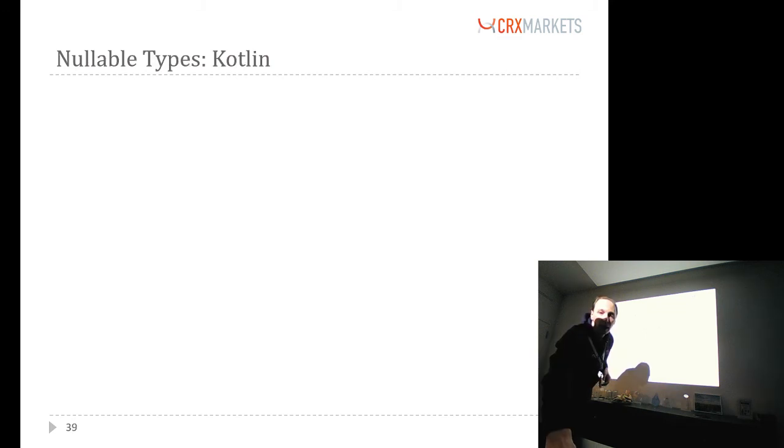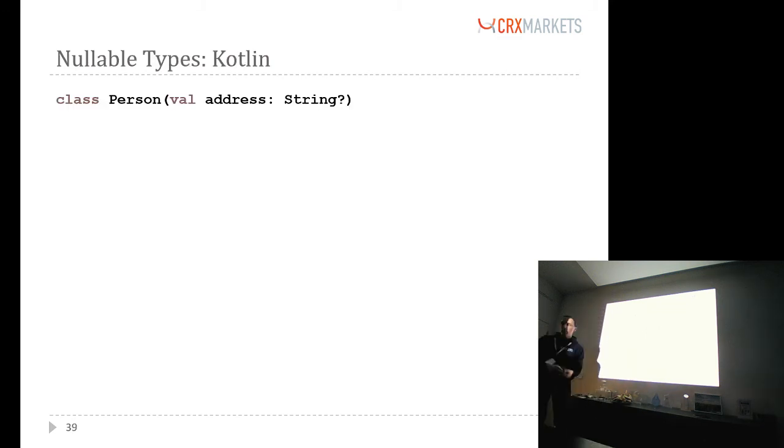In Kotlin, it's a little bit more complex, because Kotlin doesn't have optionals. It has these nullable types. So this question mark means that this value could be nullable. If you don't have this question mark after the type, then this value doesn't have null, and it is null safe. But there are no optionals.